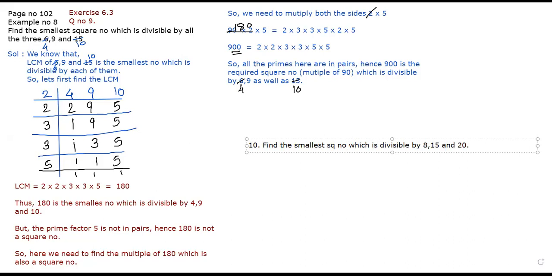So what do we need? LCM. Find out the LCM of 8, 15 and 20.